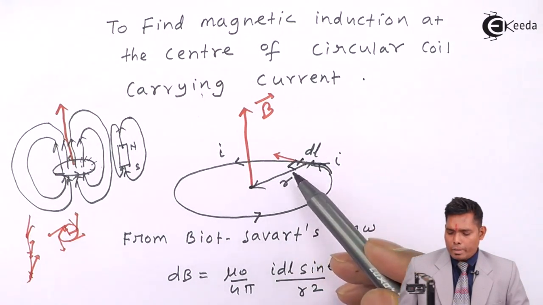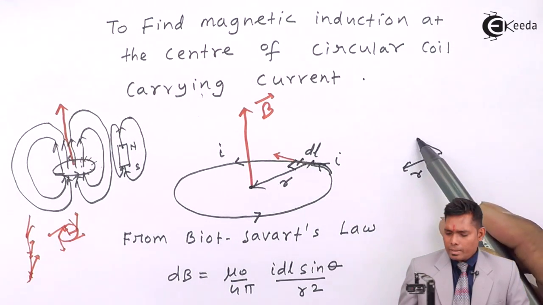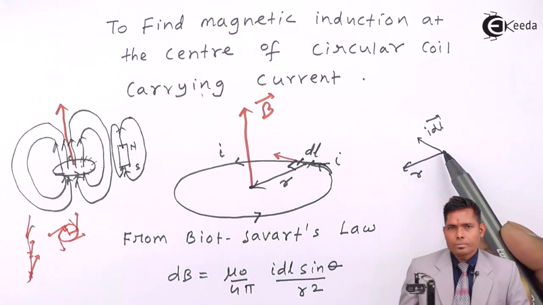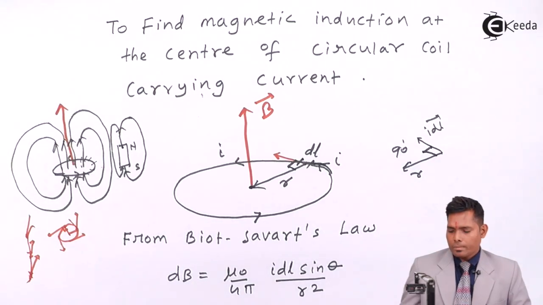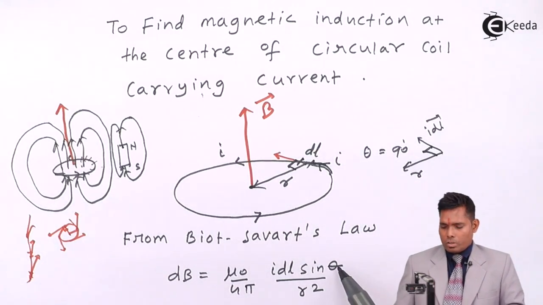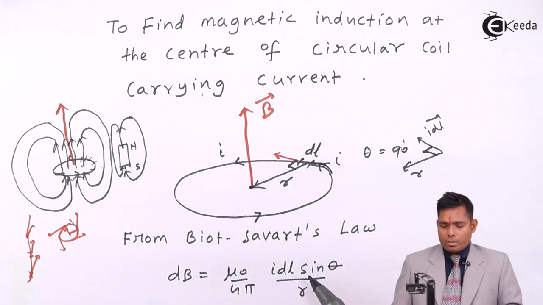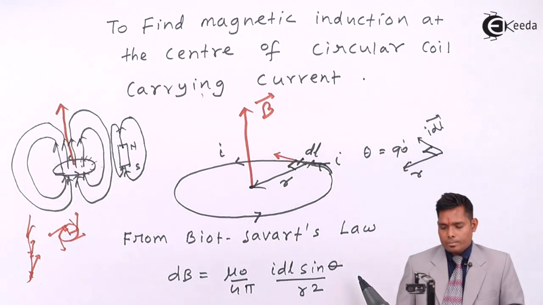So the angle between these two vectors, the vector r and the vector Idl, is 90 degrees. That means theta is 90 degrees. So this theta, which stands for the angle between the two vectors, is 90 degrees.